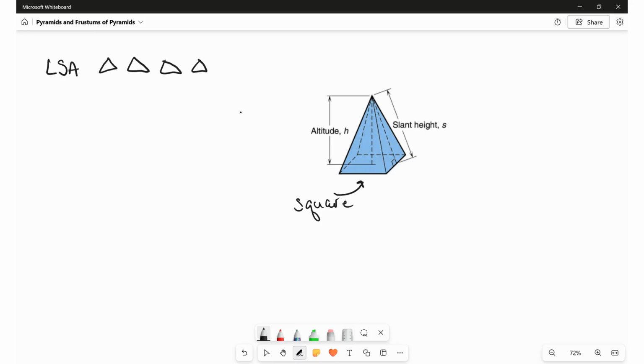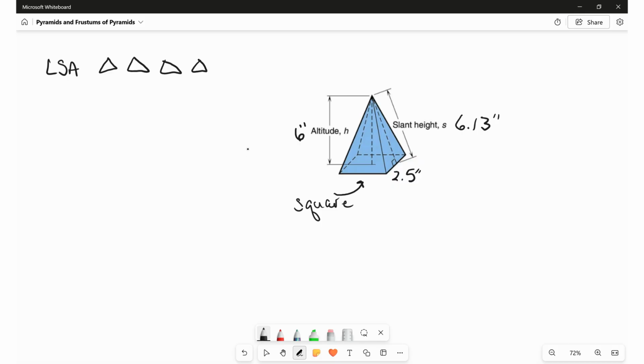Let's say that our base here is 2.5 inches, the altitude is 6 inches, and our slant height is 6.13 inches. Okay, so those are our measurements.